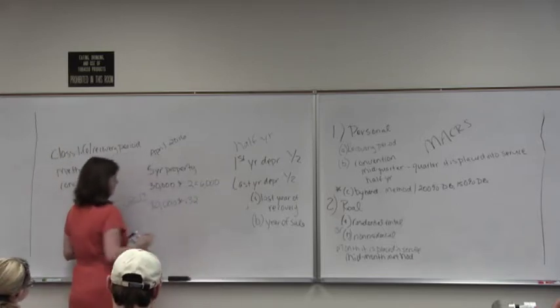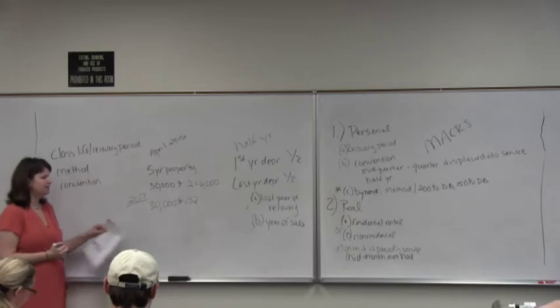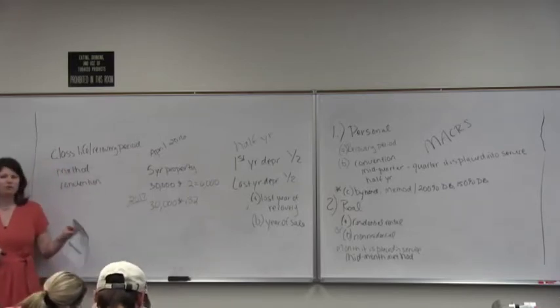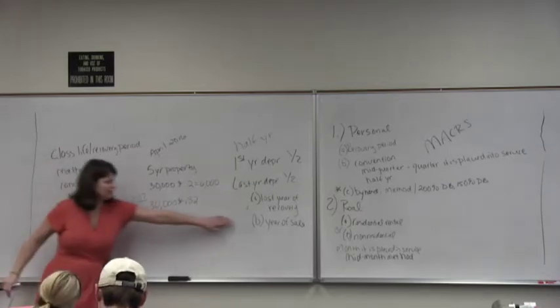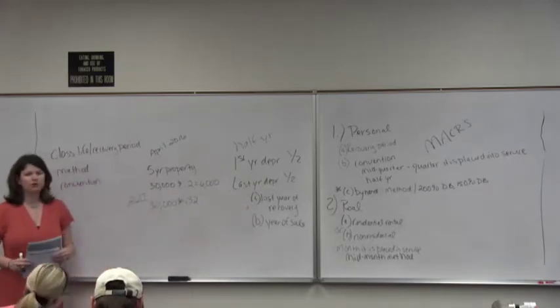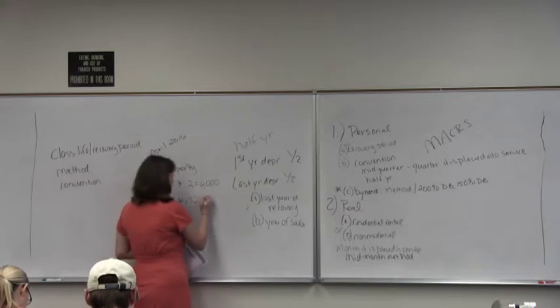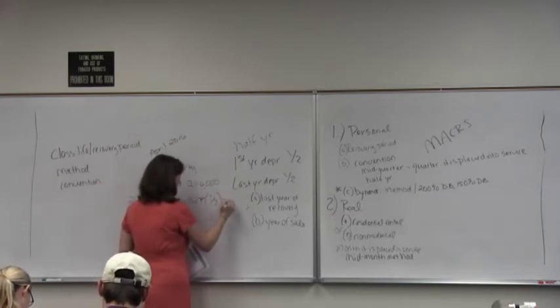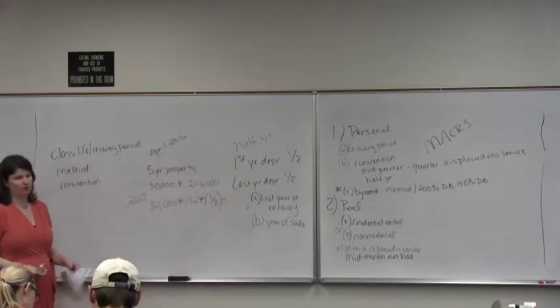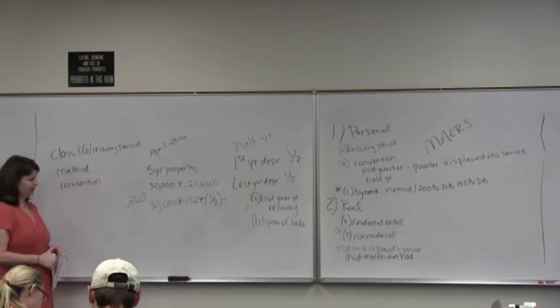just 1 second, before I multiply. Because this is the last year of recovery, the year of sale, they are only going to get half of their depreciation. So times 1/2. Whatever the answer is, that's your answer for this problem. Okay?